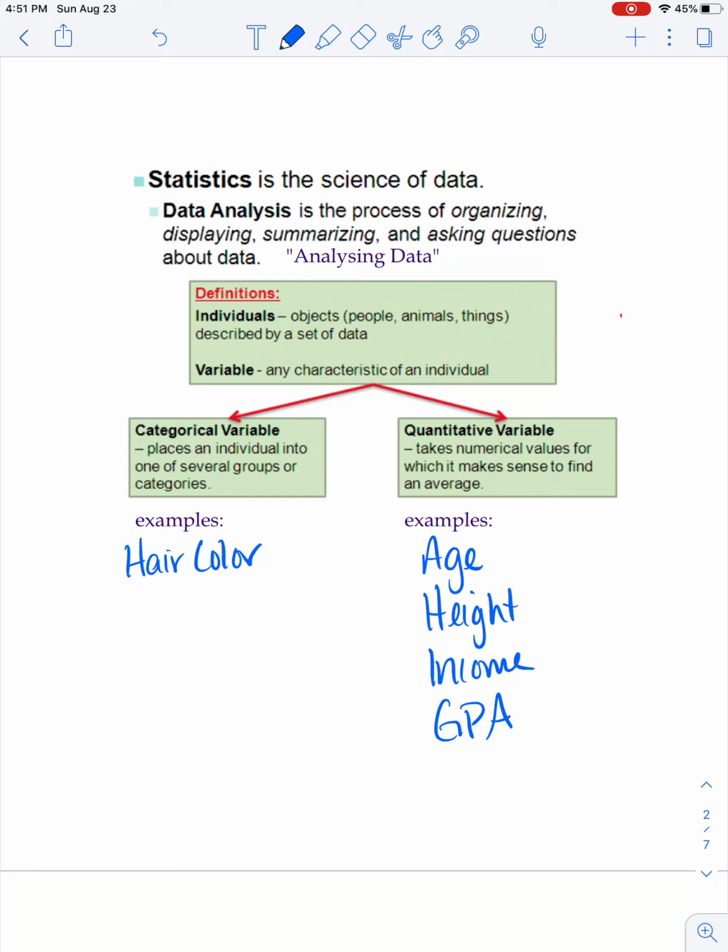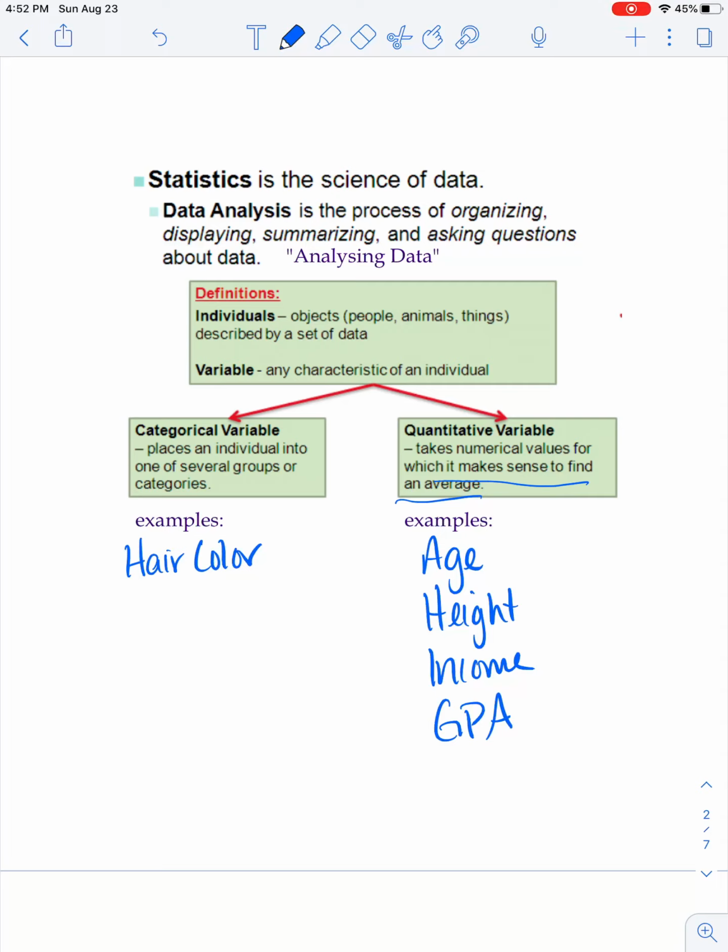Those are all numerical values for which it makes sense to find an average. Now, what you have to be careful about is just because it's a numerical value does not mean it's a quantitative value. Sometimes a numerical value can be considered a category.